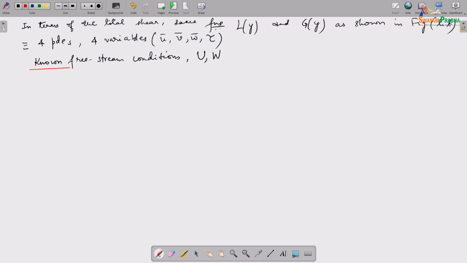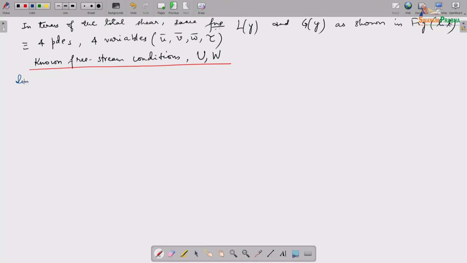And again, like I just started out saying, because viscous forces are neglected, we are not going to go into the viscous sublayer of the turbulent boundary layer. We are considering a turbulent boundary layer.